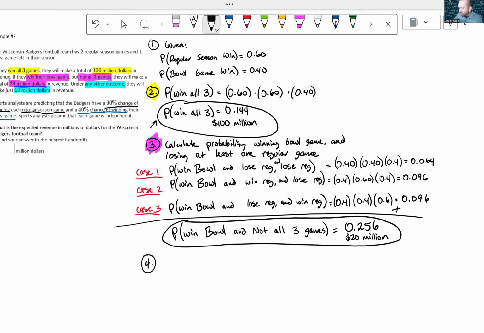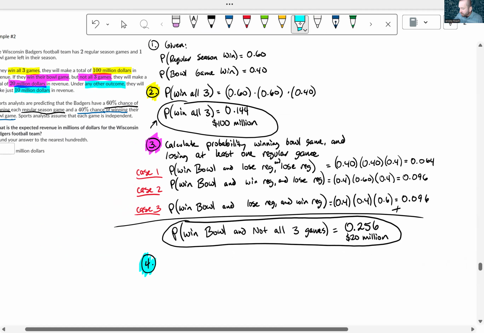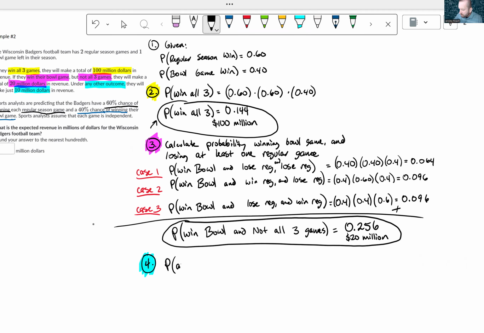And then any other outcome. Last time on the last problem, when we did any other outcome, we actually did the math for it. Let's just do the shortcut. The probability of any other outcome is equal to 1 minus our probability of winning all three games, minus our probability of winning the bowl game and then not all three games, which is 0.256.